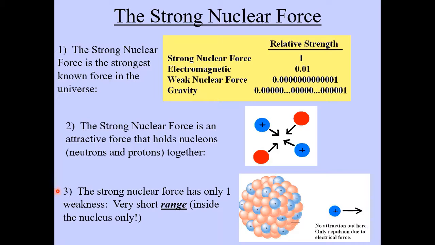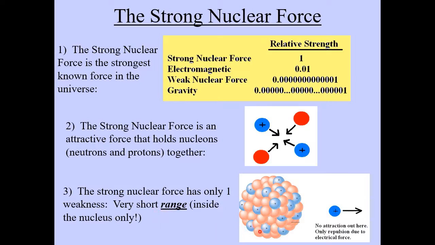Now, remember the analogy I made up here, that if you had the force of the strong nuclear force compared to an ordinary human, you would have superpowers, right? But remember that every superhero, well, at least most of them that I know of, has a weakness, right? Superman has his kryptonite. So the nuclear force also has a weakness, and its weakness is that it only works within very short range inside the nucleus.